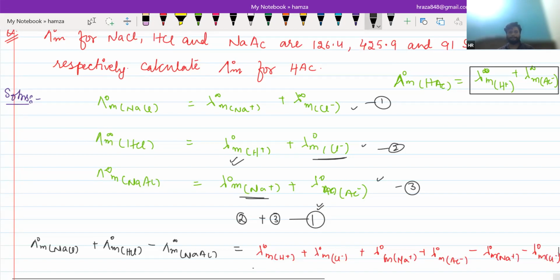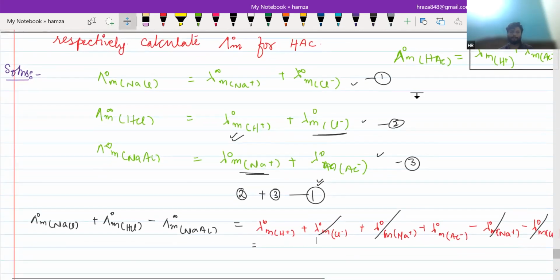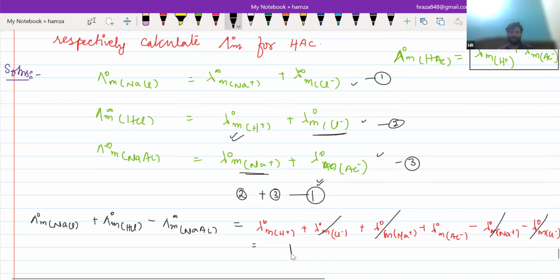Now you can see this Na plus and Na plus will be cancelled. This Cl minus and Cl minus will be cancelled. So what we get at last is lambda naught M H plus, lambda naught M Ac minus, and it will basically be lambda naught M HAc.